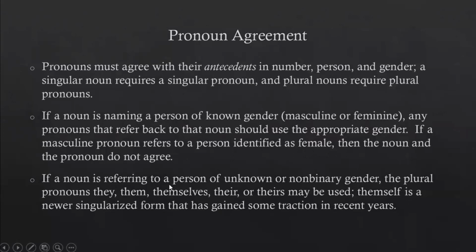They've singularized that plural form. It's not common, but you do see it occasionally. But don't think that using they to refer to an individual is incorrect or ungrammatical. It's not. It's perfectly acceptable, good grammar to do that.